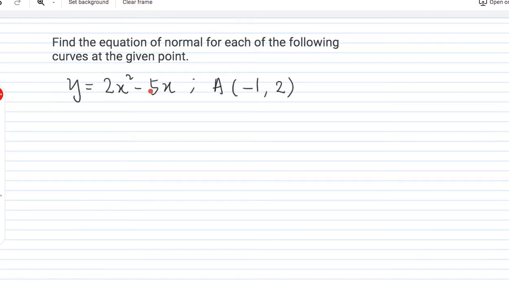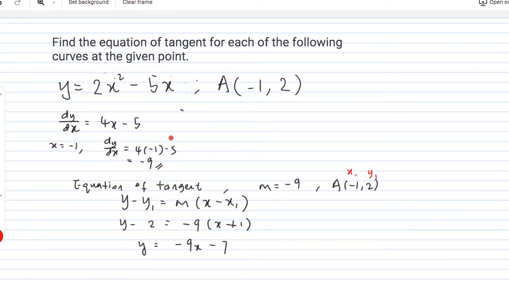Equation of normal. So we want to find the equation, we must use y minus y1 equals m times x minus x1. And what you have, you must use the gradient, where the gradient equals what and the point equals what? Which point? Okay, gradient now. For the equation of normal, we must use the gradient. This negative 9, right?